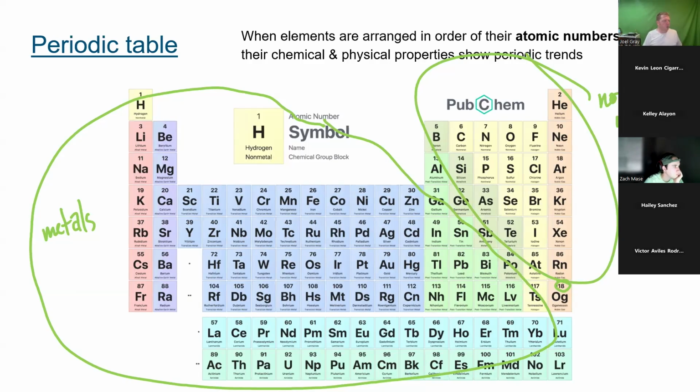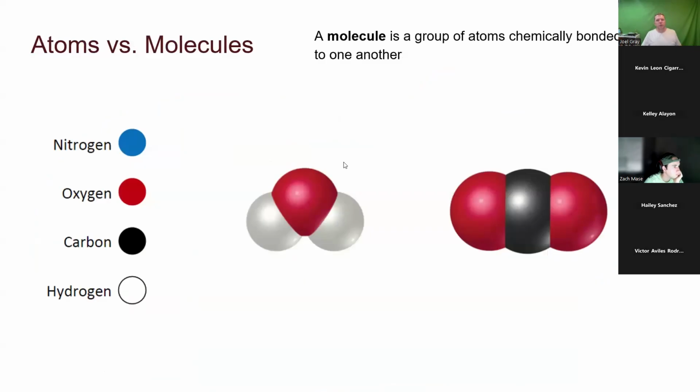Now, if we go to look at atoms versus molecules, a molecule is a group of atoms chemically bonded to one another. The standard colors that are used to denote these different atoms: blue for nitrogen, red for oxygen, black for carbon, and white for hydrogen. So on the left-hand side here, what element or what molecule is that?